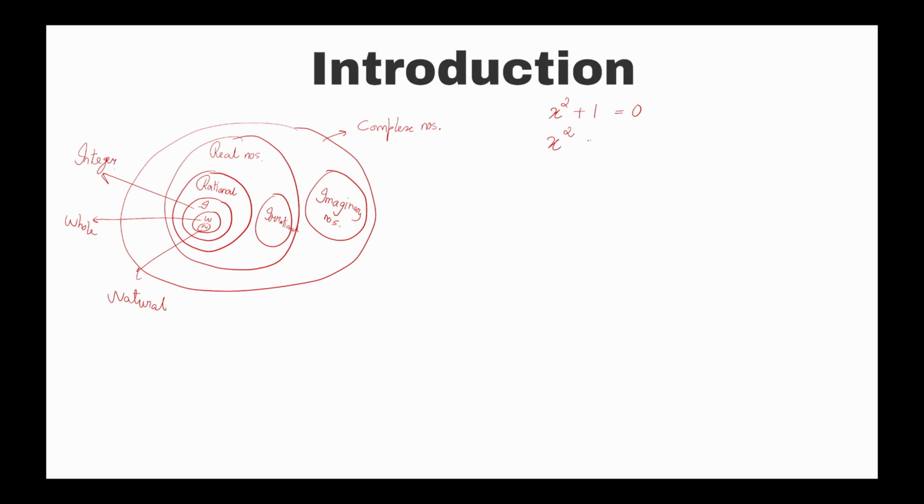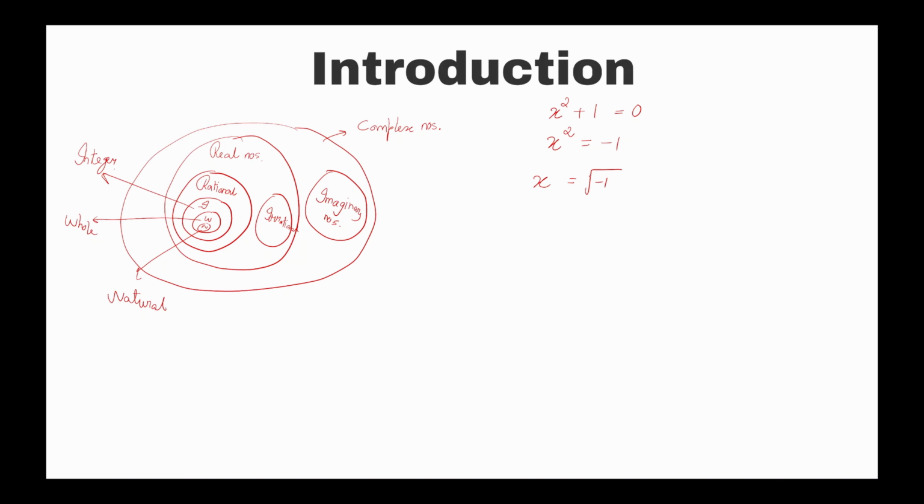So now comes the concept of complex numbers. I can write x square as minus 1, so x can be written as root under minus 1. If x is root under minus 1, I used to say that this is not possible, right? This is going to be some imaginary number or some undefined number.